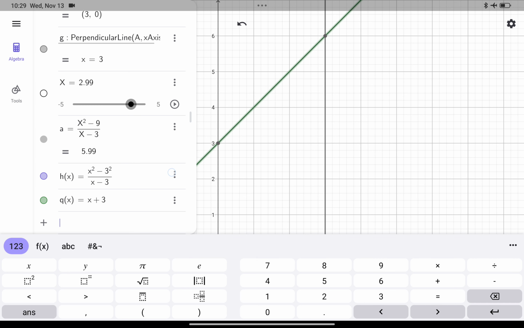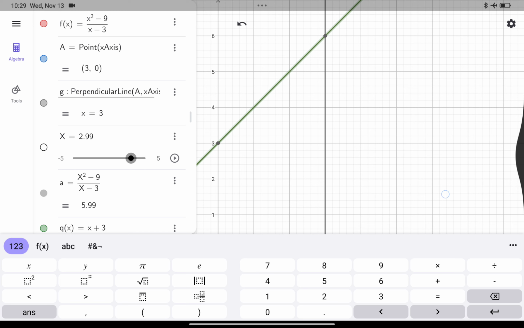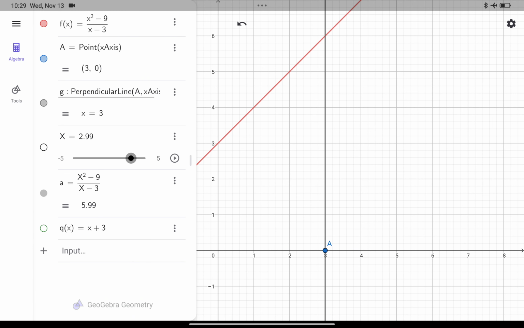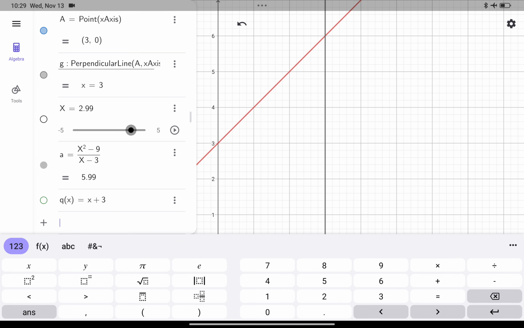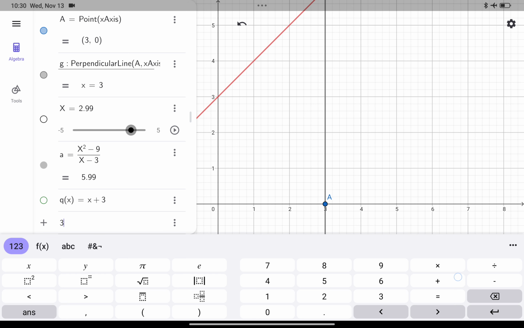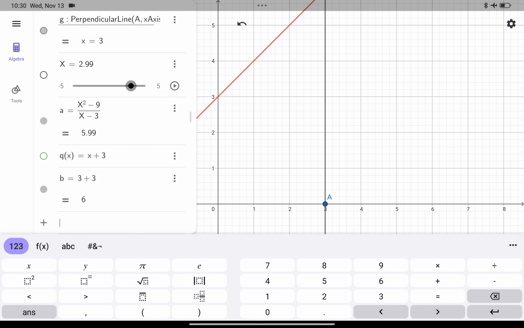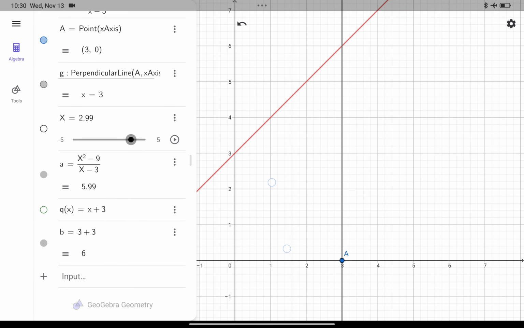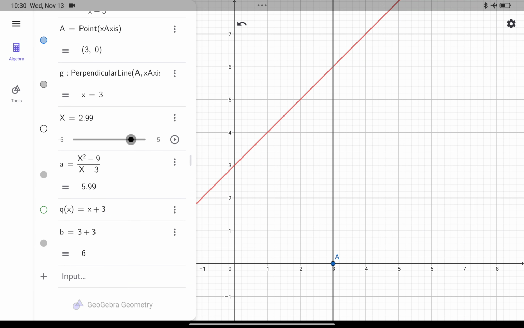We delete this, we delete this. Now, as you can see, this function is exactly the same, right? It's exactly the same. Since this function is the same, we can use 3 here. Since we are approaching 3, we can just use 3 plus 3. Now it gives you exactly the value 6, and that is what a limit is.